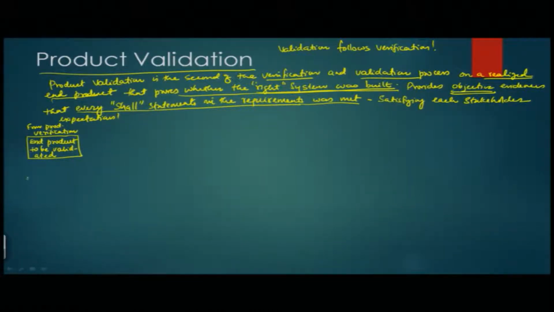Then we have the second input, which is stakeholders. You can think about it as the stakeholder expectation baselines. Then the third one is coming from the validation plan.